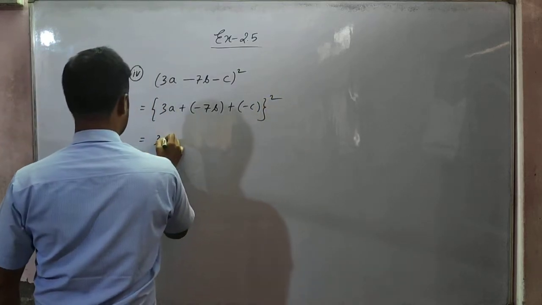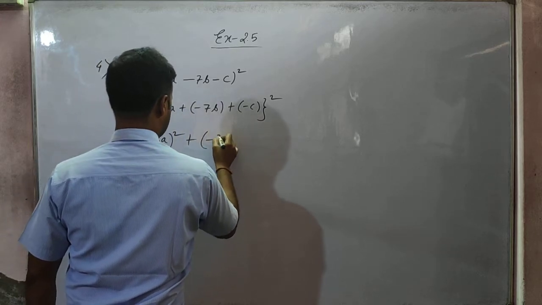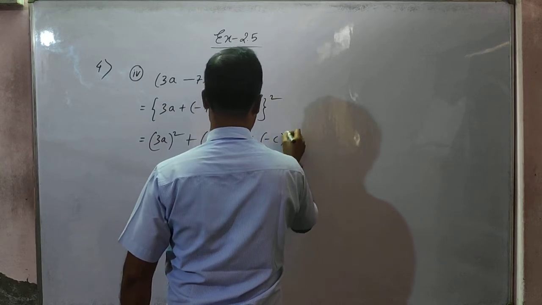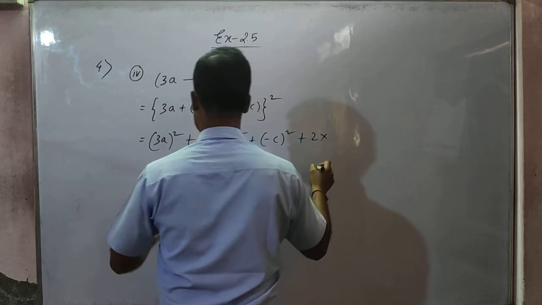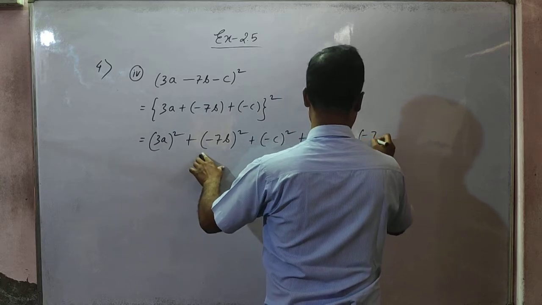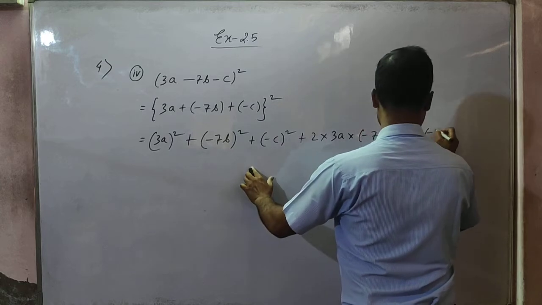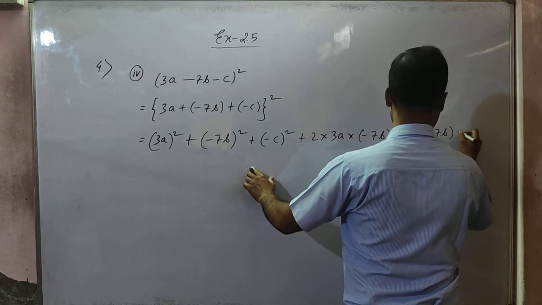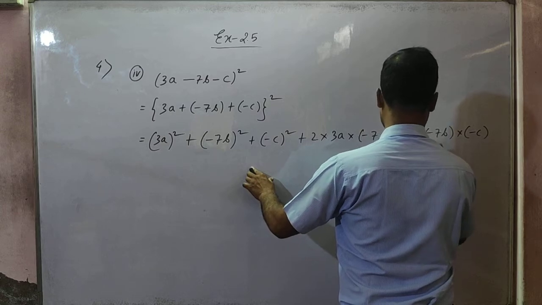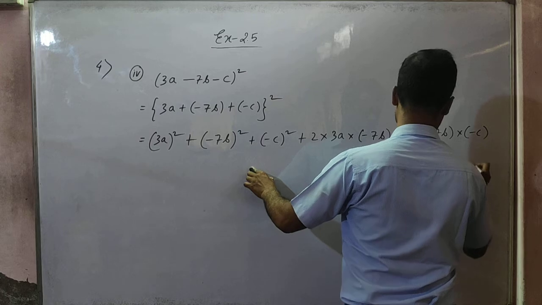So this will be (3a) square, (minus 7b) whole square, plus (minus c) square, plus 2 into 3a into minus 7b, plus 2 into minus 7b into minus c, plus 2 into minus c into 3a.